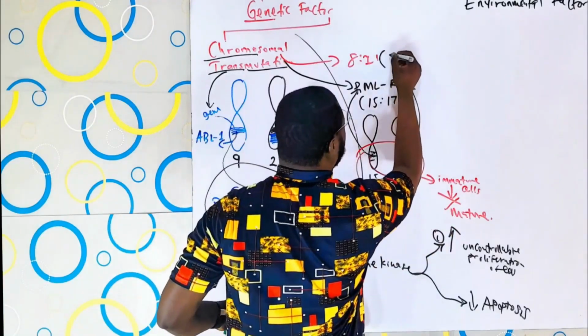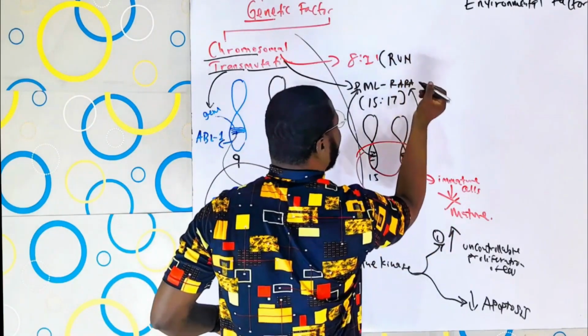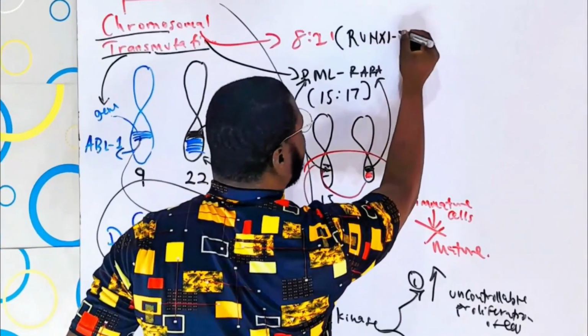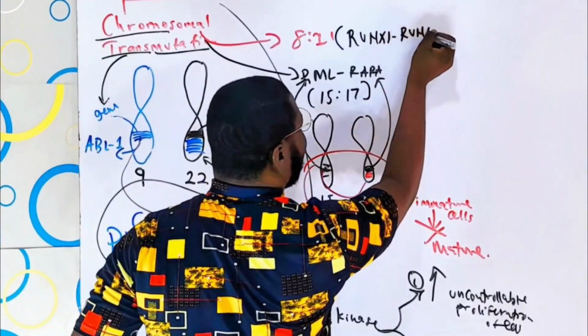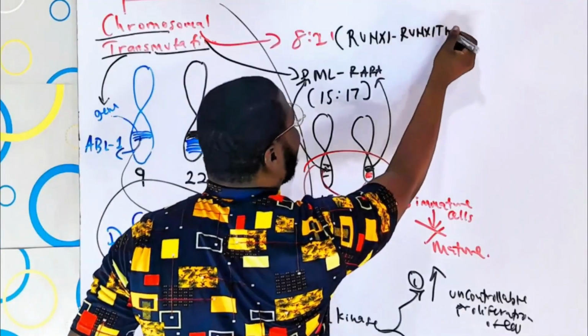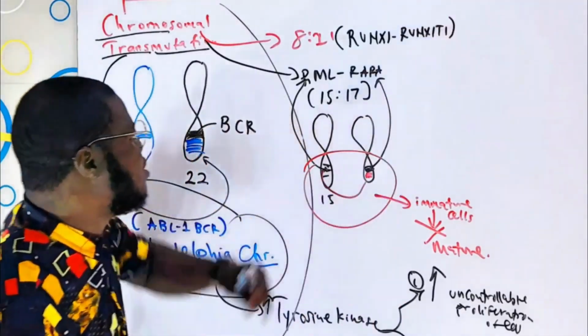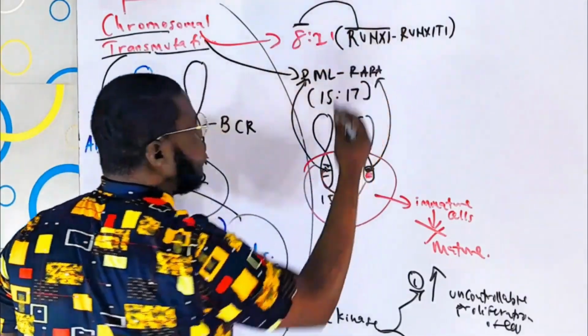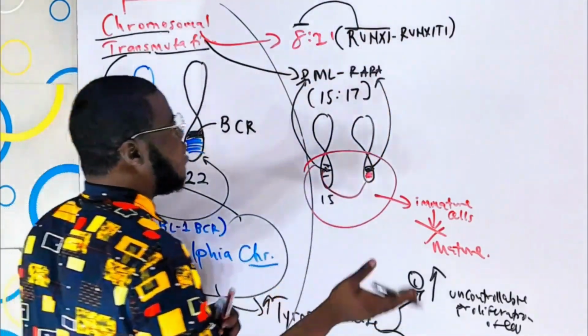Let me just put it down. So we have the RUNX1 to RUNX1T1. Cool. So the point is, for chromosome 8, the gene inside it is RUNX1.